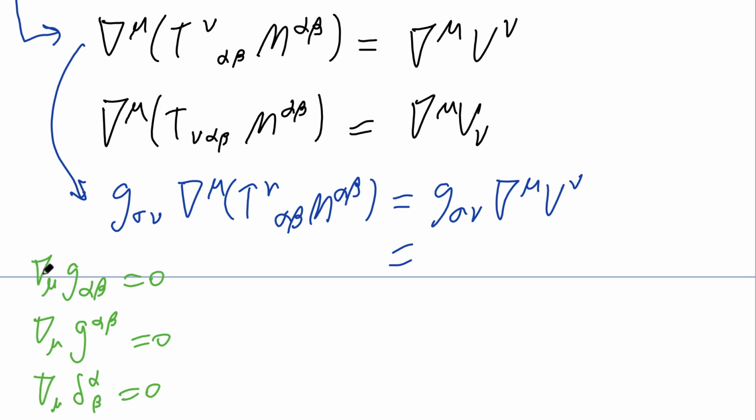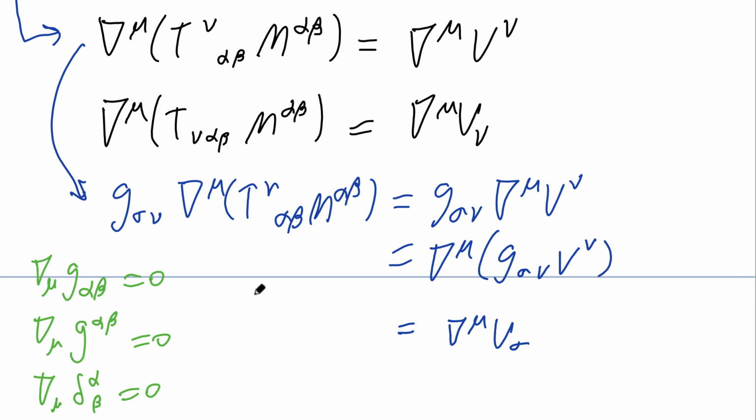And it doesn't matter whether the index on the covariant derivative is up or down. That's just, again, multiplying by another factor of g to raise that index. So we can use these results to just pass this factor of the metric inside the covariant derivative. Write this as ∇_μ acting on g_{σν} V^ν. And of course, this is just V_σ.